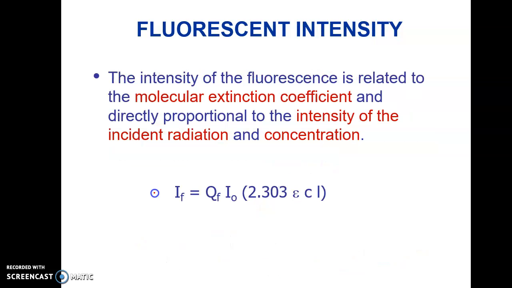So how do we get fluorescent intensity? Fluorescent intensity is related to the molecular extinction coefficient and directly proportional to the intensity of the initial radiation, the radiation that first enters. So this is the incident radiation, and we have the quantum yield, which will make up the intensity of the fluorescent, like absorption in UV visible radiation.